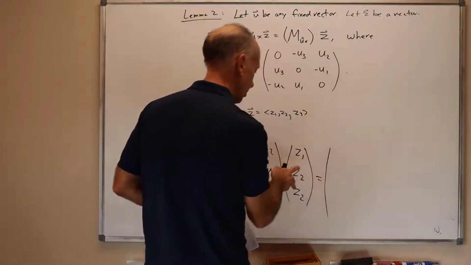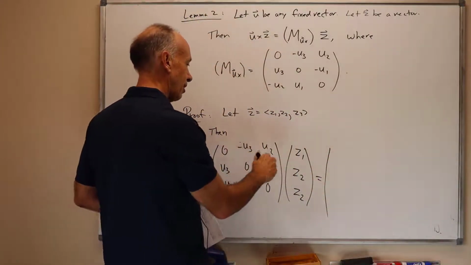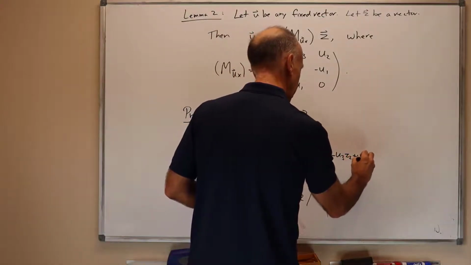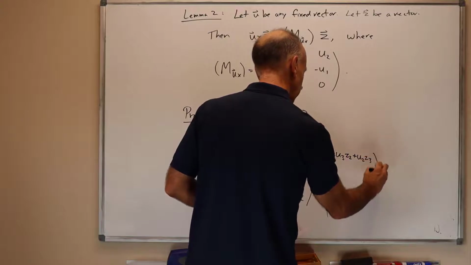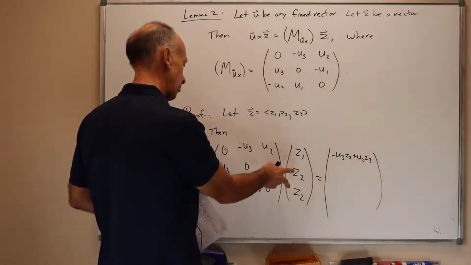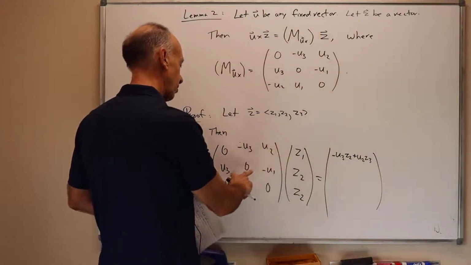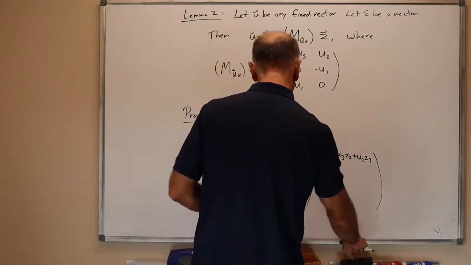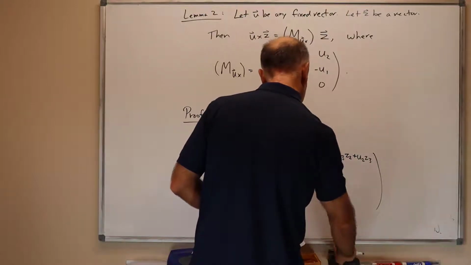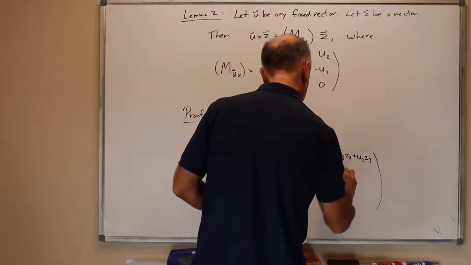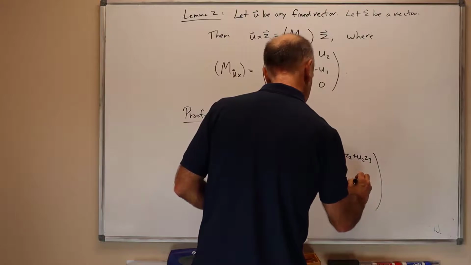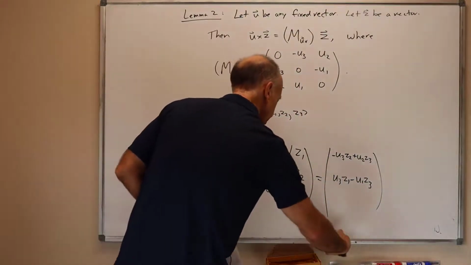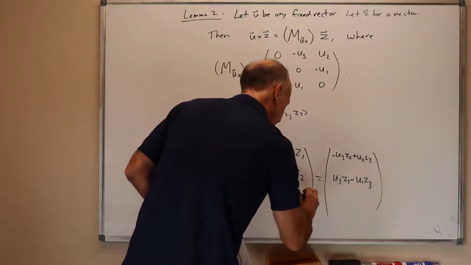The first entry is the inner product of the top row with the column vector, so that's minus u3 z2 plus u2 z3. The next one is the inner product of the second row, so it's u3 z1 minus u1 z3. Let me fix the typo there, that was a z3.